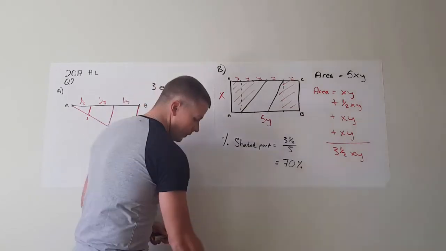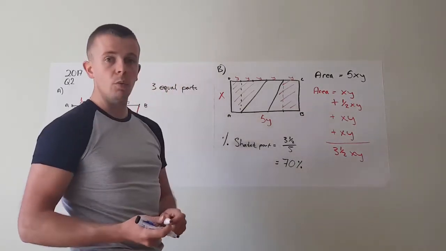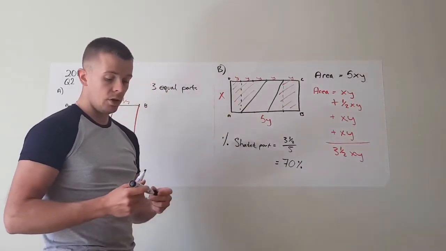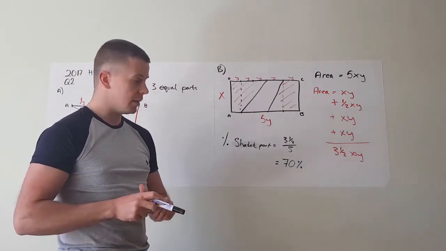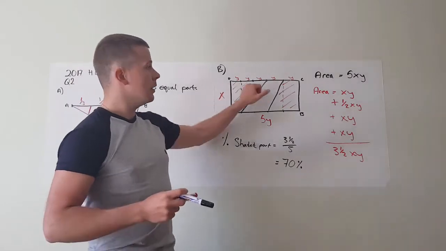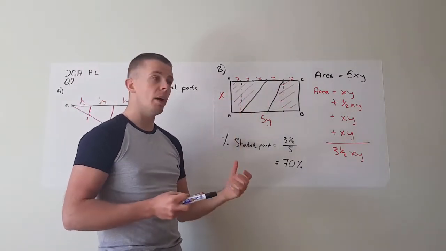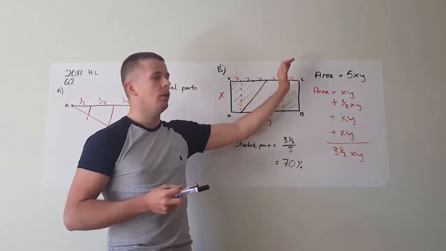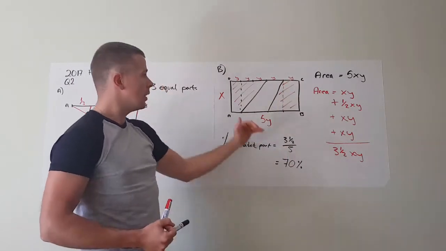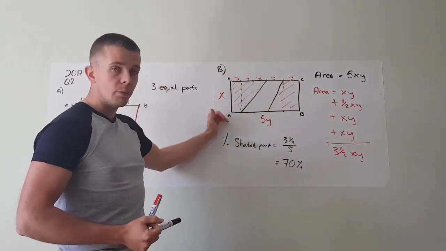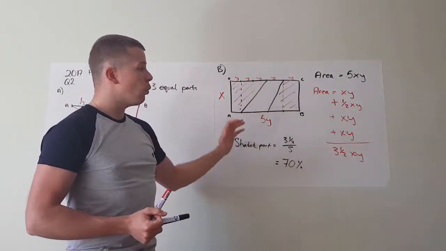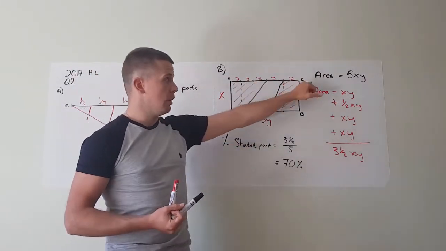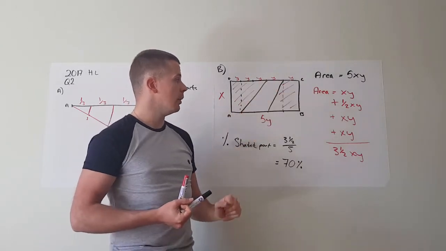Okay, so the key to this question was actually working out the area even though we weren't given any measurements. Alright, so we had to take into account that this would divide into 5 equal parts, so it was 5 of something. Call it whatever you want. We don't know this, call that something else. So this I call x, I call these y's, and work it out for the area of the rectangle, length by the breadth.